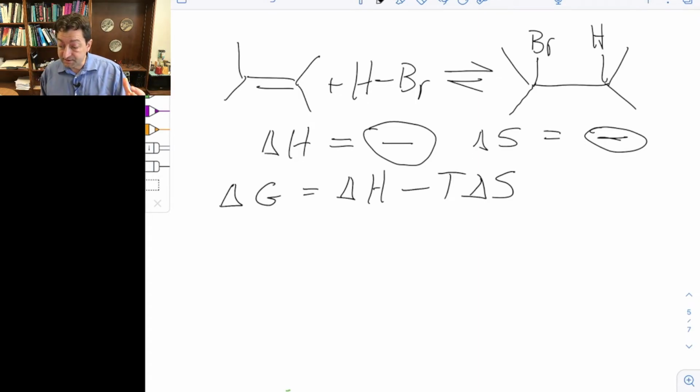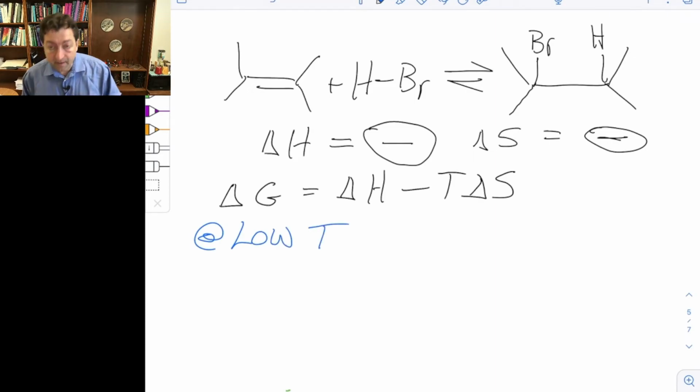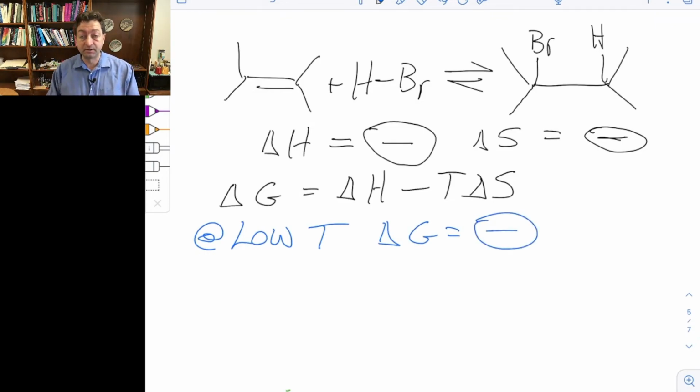So here, if we look at low temperature, for example, if temperature is low, then that enthalpy term dominates, and delta G will overall be negative. A negative delta G means that this reaction is overall spontaneous. So at low temperatures, we'd expect these to be spontaneous.